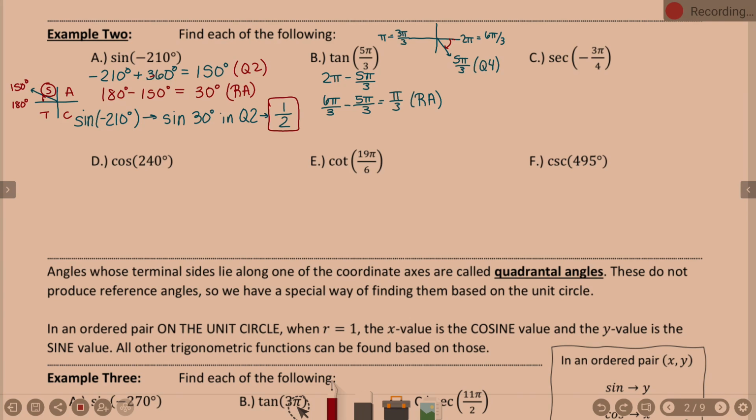In order to figure out the tangent of 5 pi over 3, you have to ask yourself, what is the tangent of pi over 3, but with the sign of whatever quadrant 4 tells us.